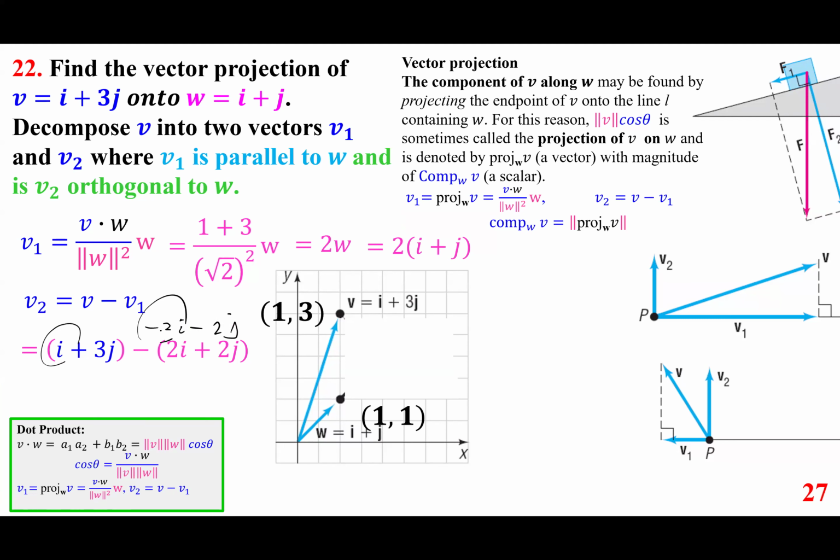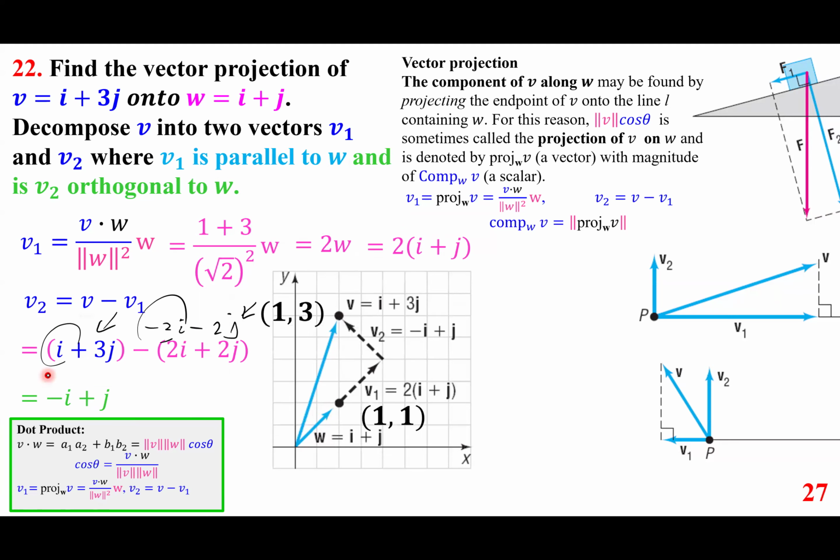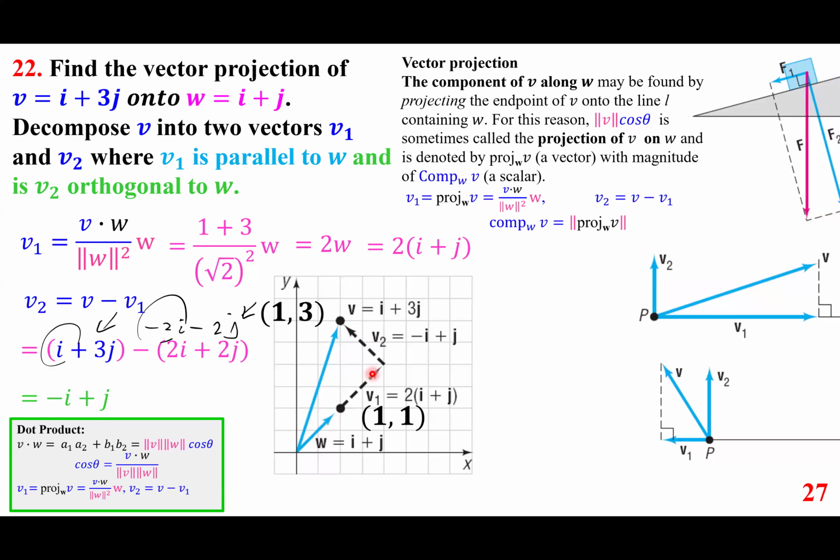This one and this one, minus i. This one and this one, plus j. Okay. And so if you look at the result, see this is the V1 component, and this one is the V2 component.